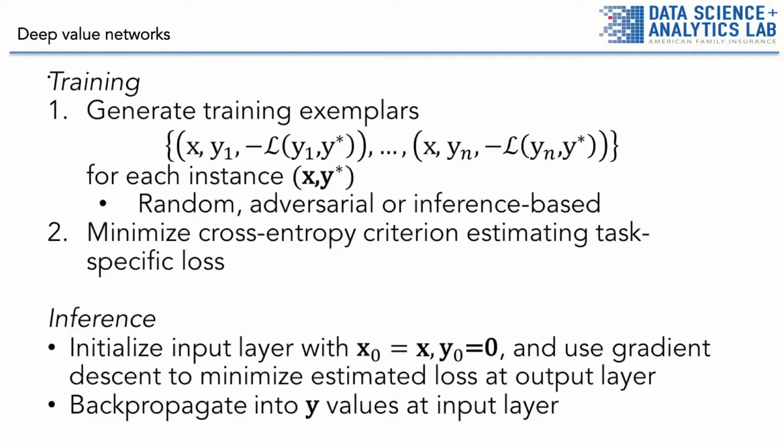It's kind of interesting at the inference stage as well, where we have to compute the argmax for this scoring function for deep value networks. Because it's a neural network, we can actually use backpropagation to do this, because your network is going to take a vector of input features that's paired with a candidate labeling, and then the output is going to be the loss function. What you'll do is, at inference time, you will input the feature vector together with a dummy labeling, which is just all zeros.